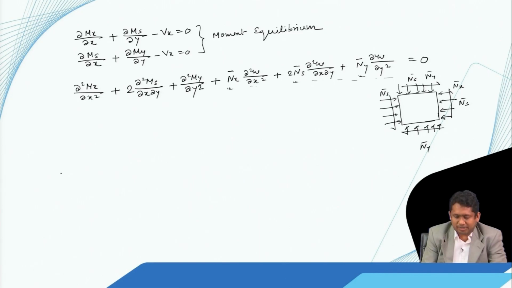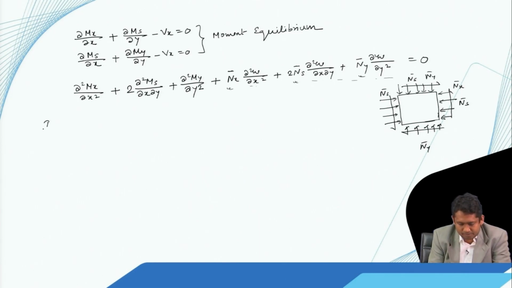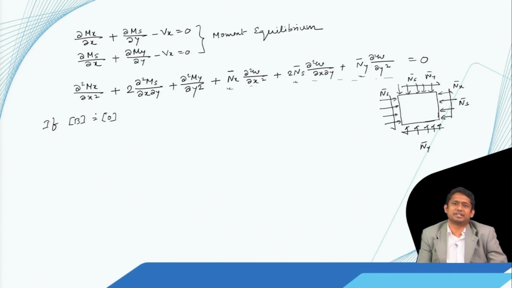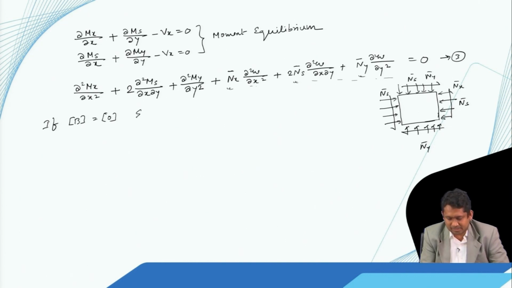Now if B is equal to 0, that means there is no coupling between in plane and out of plane deformation. In that case, let us call it equation number 3, only equation number 3 is used.